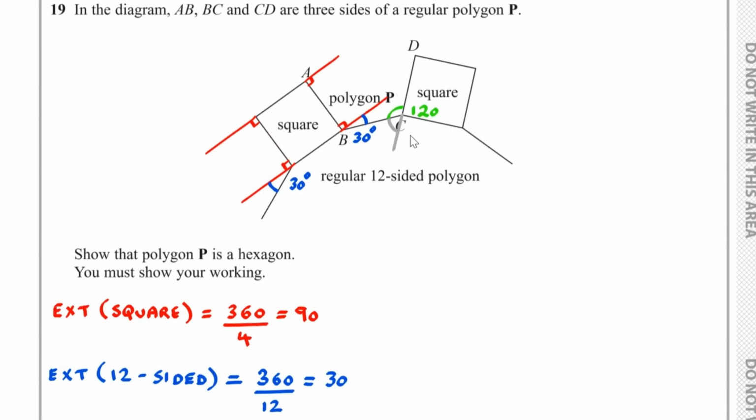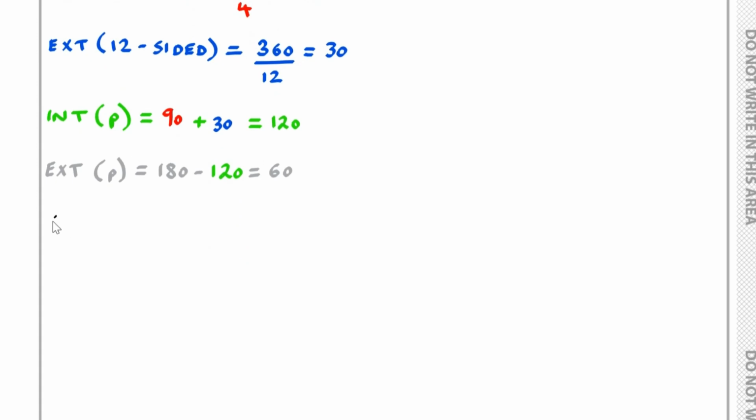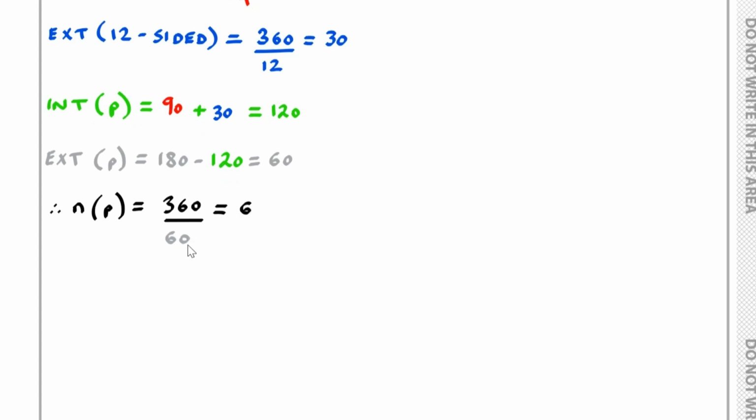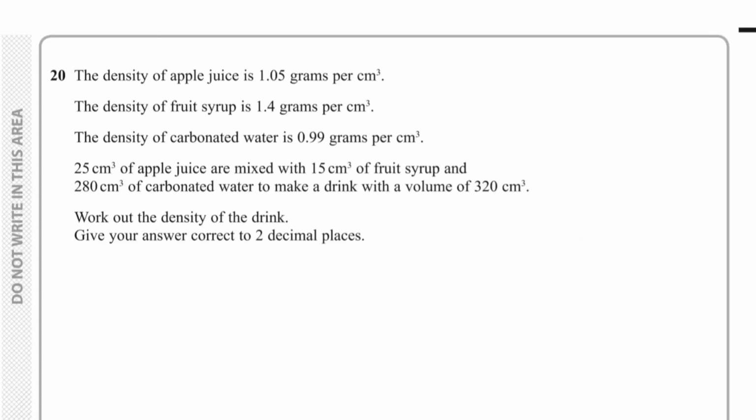So this angle here is 60 degrees, and therefore what we can do is find out the number of sides of P, that's equal to 360 divided by the exterior angle of 60, which is equal to 6. Now because we've got 6 sides, we've got P, which is a hexagon.